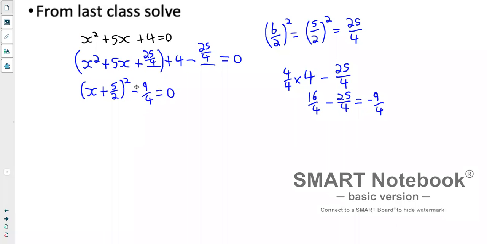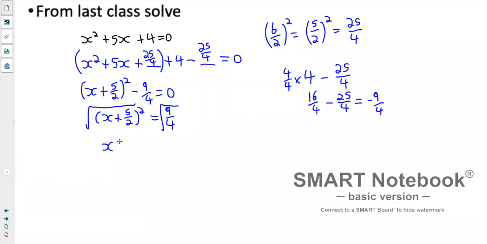Our next step would be to move the 9 over 4 to the other side. So we have x plus 5 over 2 squared equals 9 over 4. At this stage, we want to get rid of the squared, so we take the square root of both sides.